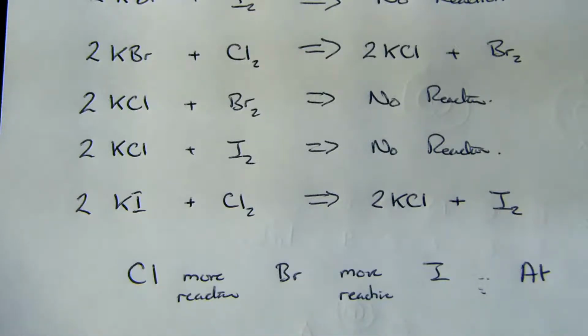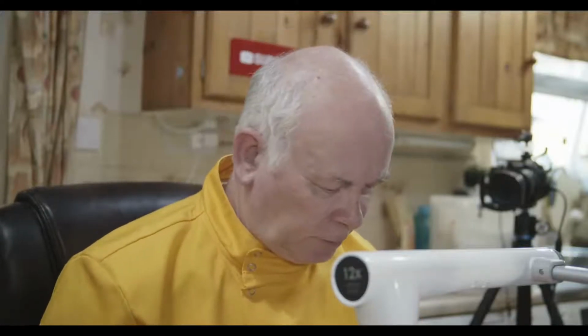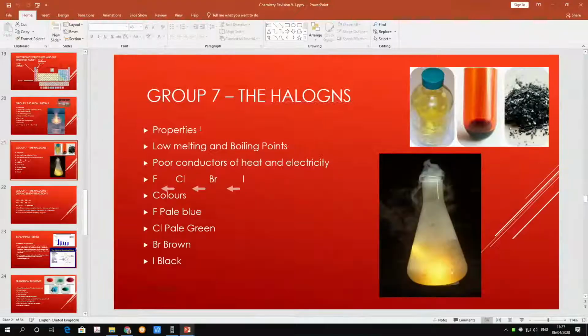So that's giving us an idea about the halogens. We've got the properties of them. Well, they're gases for some of them, fluorine and chlorine, then bromine a liquid, iodine a solid, so they've got fairly low melting points and boiling points. The bromine you can turn into a gas fairly easily.